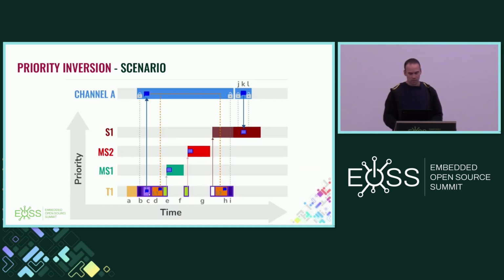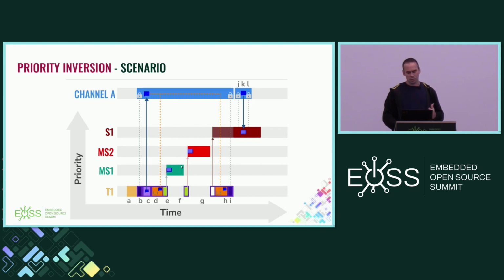If T1 tries to publish to channel A, we would have a channel lock, right? A copy of the message, and the listener 1 execution, which is good. But when we send a copy of the message to MS1, MS1 has more priority than T1, so it preempts T1, which is not good at all.